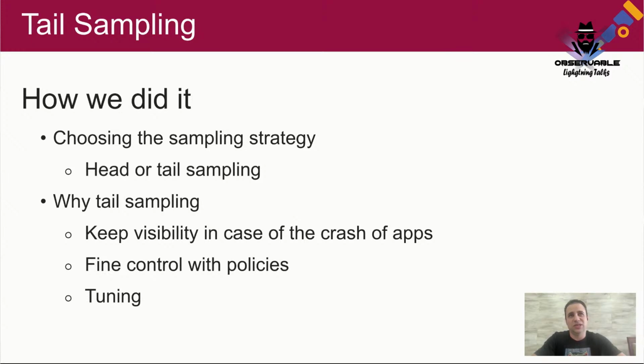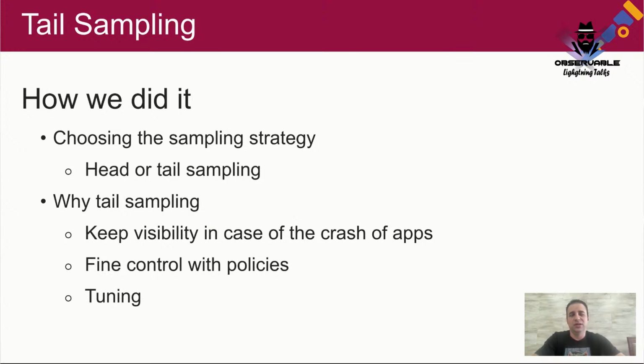We chose tail sampling because with tail sampling there is the possibility of implementing policies where you can choose what you want to store or not. So it provides us good visibility when a crash happens in the application. You will provide good visibility for your developer or for someone who is doing some kind of troubleshooting, because the data is there with errors, and you can implement a policy based on high latency.